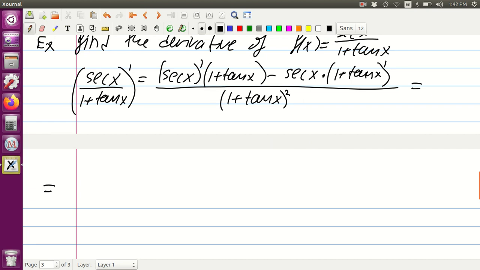Derivative of secant. We know that derivative of secant is secant times tangent. So we have secant of x times tangent of x times 1 plus tangent of x minus secant of x times the derivative of 1 plus tangent. And derivative of 1 is 0, and derivative of tangent is secant squared.